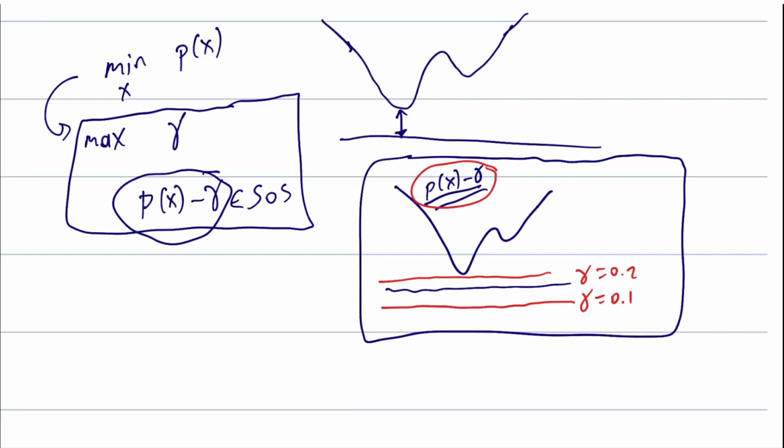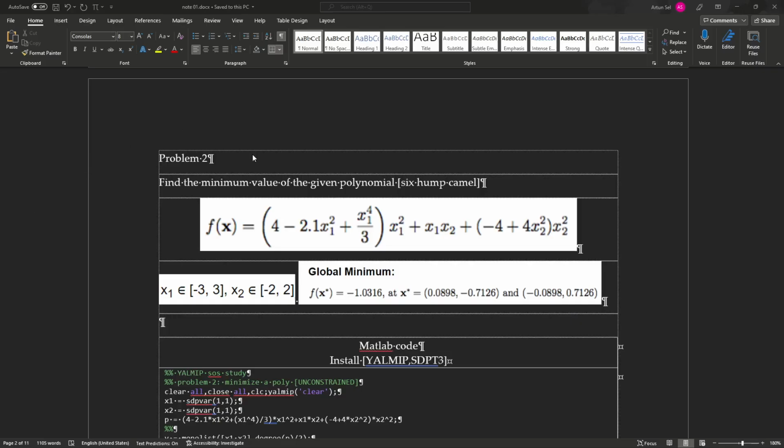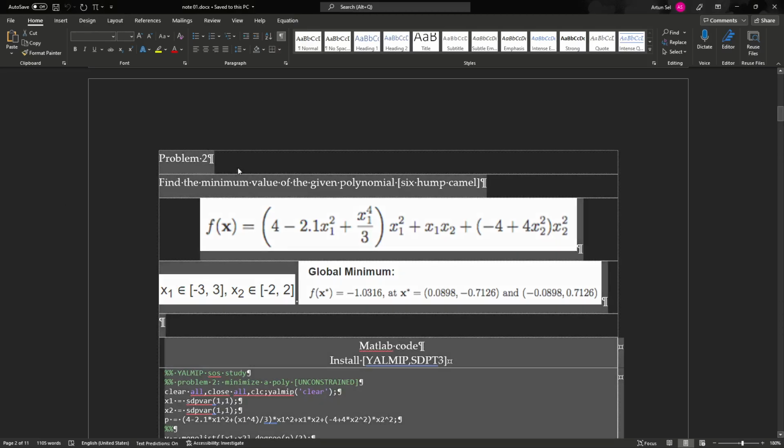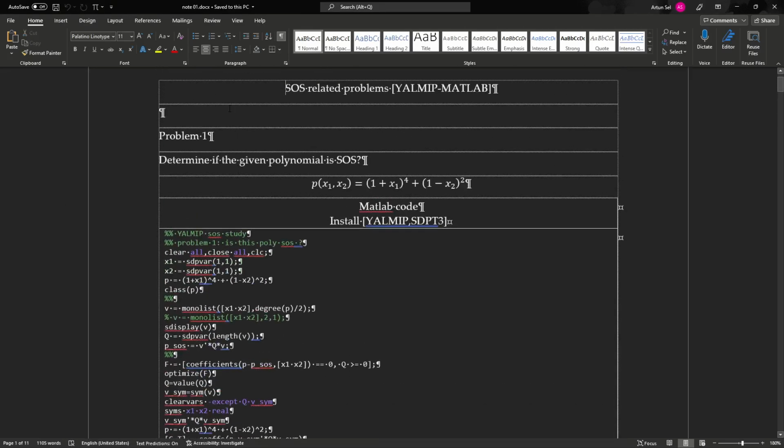Let me change the screen. I'm making this mistake all the time. First of all, you can just download this document. Everything that I explain in this video you can find in this documentation.